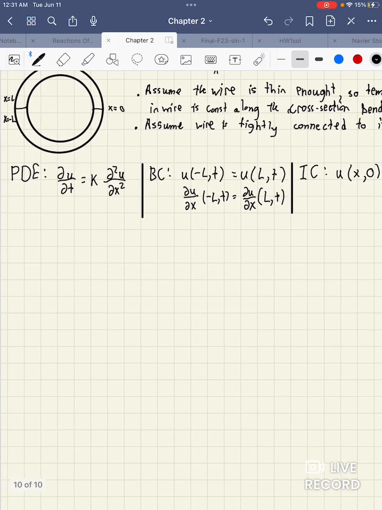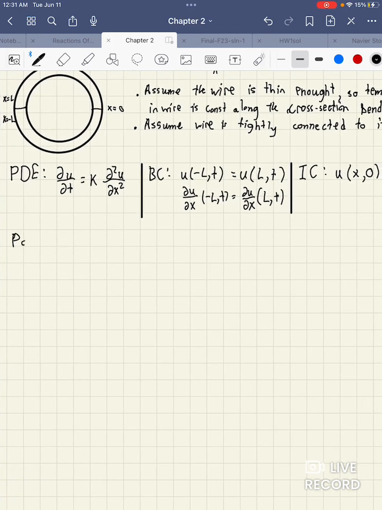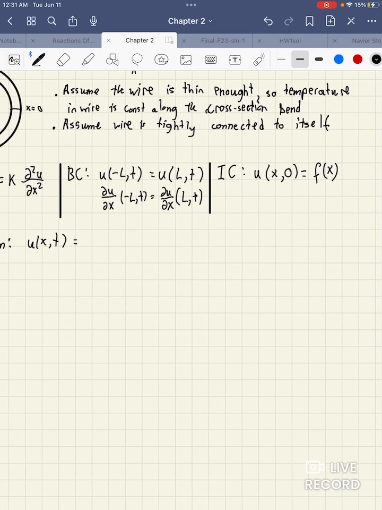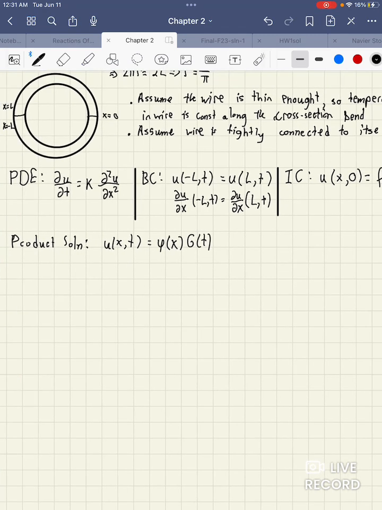Again, our product solution is u of x, t equal to phi of x times g of t. Let's look at each of them separately.